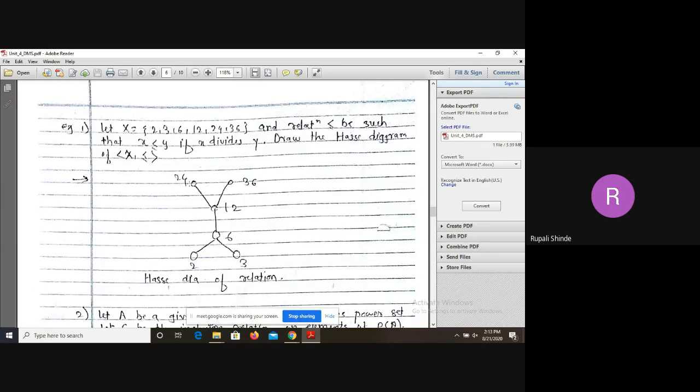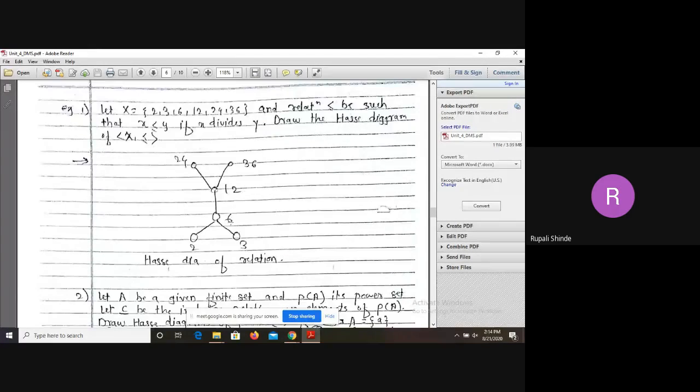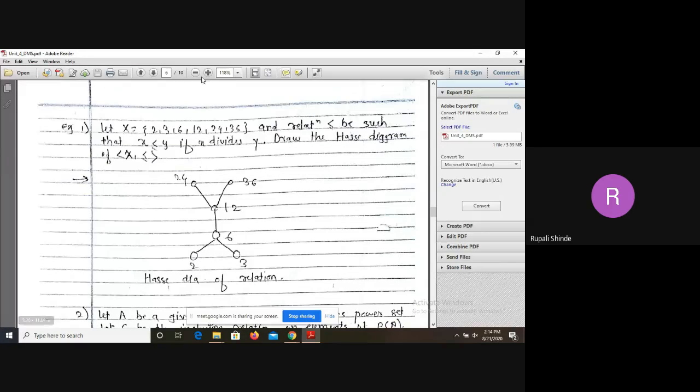So these are the divisors of 24 and that is correct. Again if you check for 36: 2, 3, 6, 12 and 36. So these are the divisors of 36. So here we can say that whatever diagram we have drawn is correct because it is satisfying the given relation, that is the divides relation.